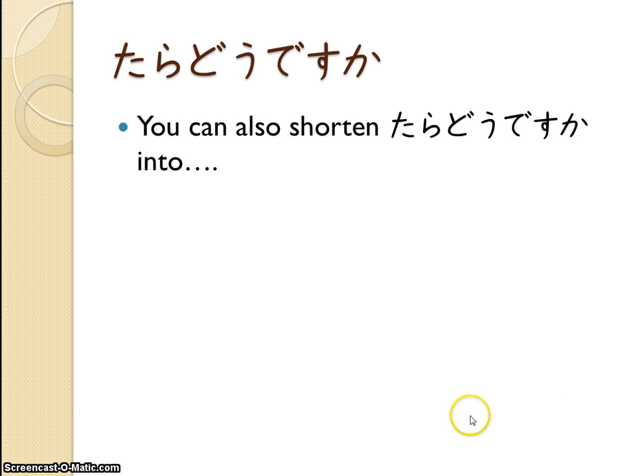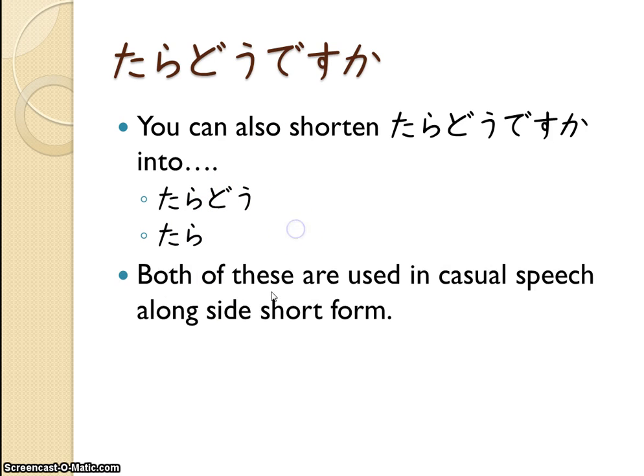Okay, so you can also shorten tara dou desu ka, because that's pretty long, into tara dou, so you're just cutting it off with just the first part, or just tara. This is pretty extreme, but Japanese people still understand it if you just end it with tara because it implies that you're going to finish it off by saying tara dou, so you just shorten it.